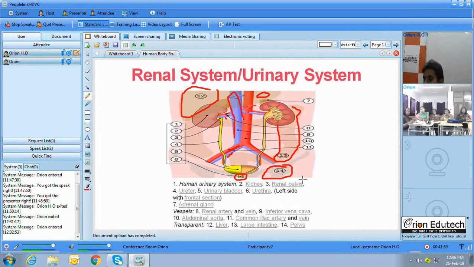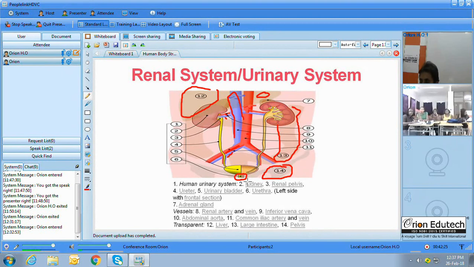Is the diagram visible to you all? Yes. In this diagram, you can see this part is the urethra. The urethra is this part, which is the main route of excretion.